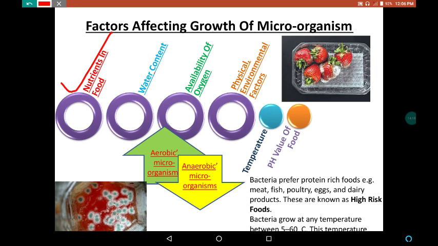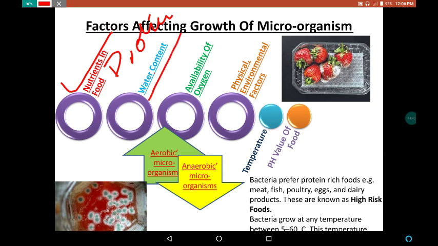For example, bacteria prefer protein-rich food to develop, like meat, fish, poultry, eggs, dairy products. They are also known as high-risk foods. So nutrients are responsible for the growth of microorganisms.